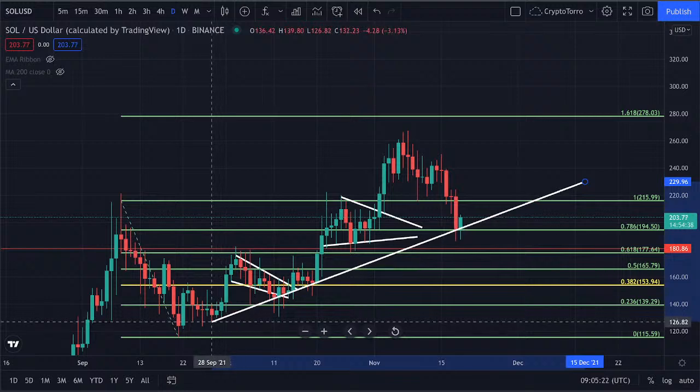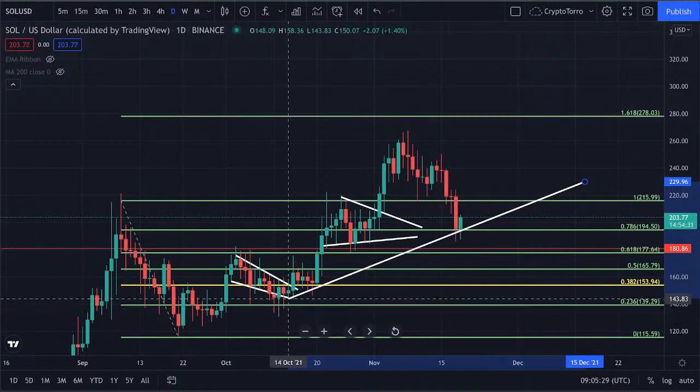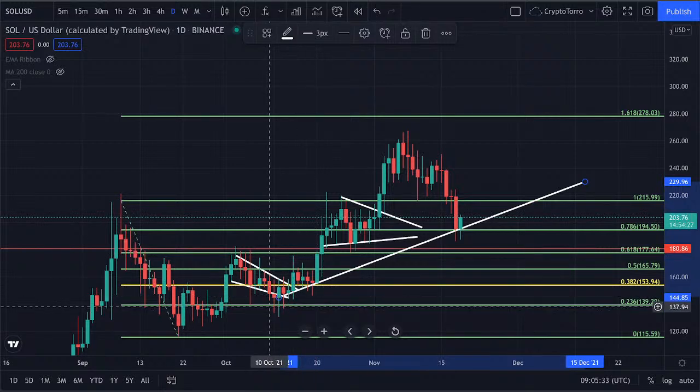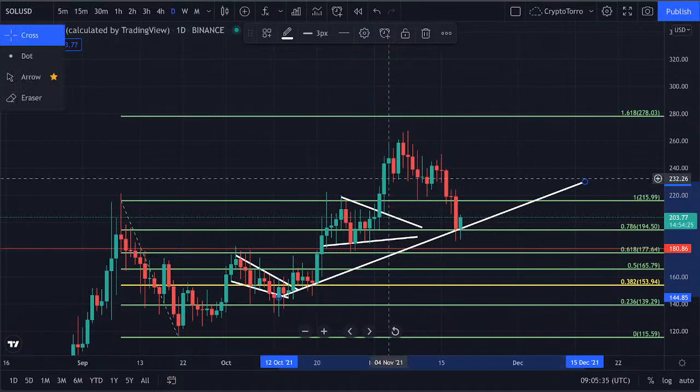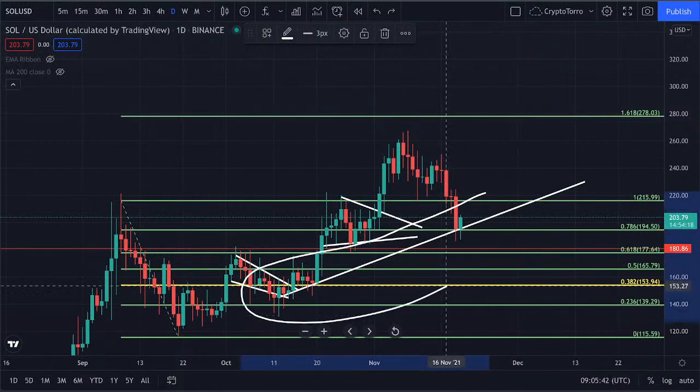I'm sorry guys, just a second please to place this line correctly on the daily time frame. But I would like to place it like this. So we are retesting this level of support. We have seen a few touch points in the past on top of this ascending support line, and right now we are retesting this range once again.